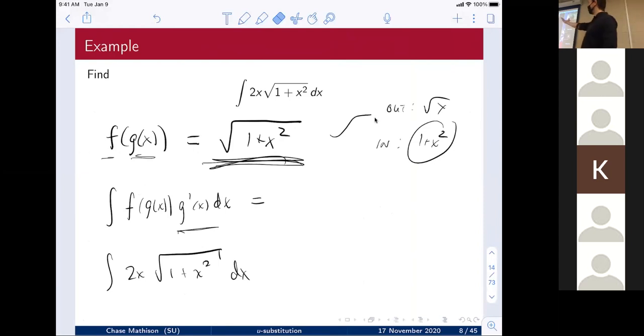I can see that the derivative of the inside function is there. So I don't know what little f prime is, though. I do know that whatever it is, its antiderivative, I'm going to call it capital F. Okay? So this is equal to capital F of g of x plus c, where capital F is an antiderivative of what function?